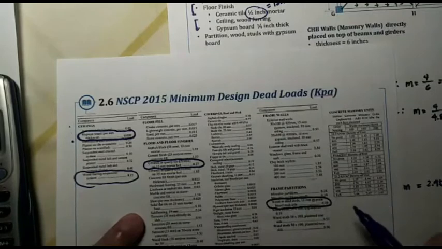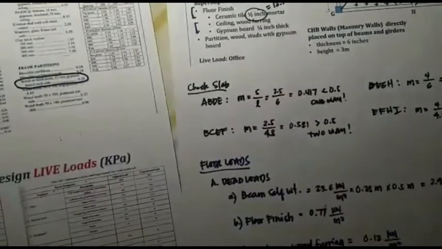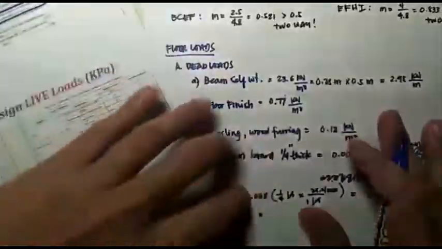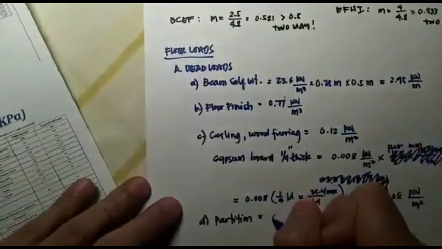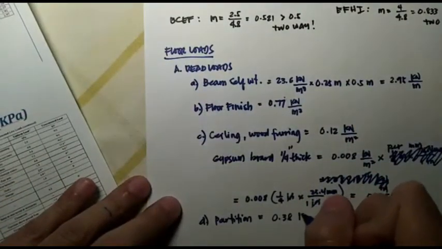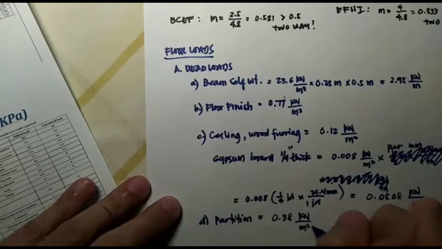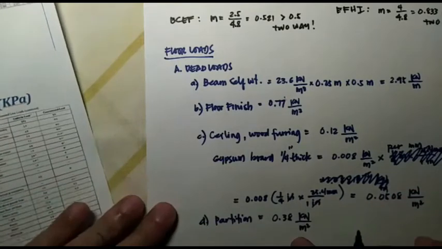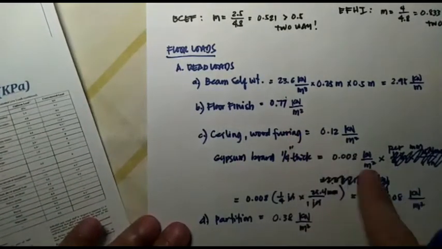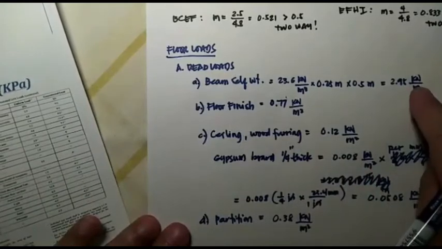Okay, so that is 0.38. So I'll put it here 0.38. That's kilopascal again, kilonewton per square meter. Mapapansin mo lahat yan, kilopascal, kilonewton per square meter, except yung self-weight.